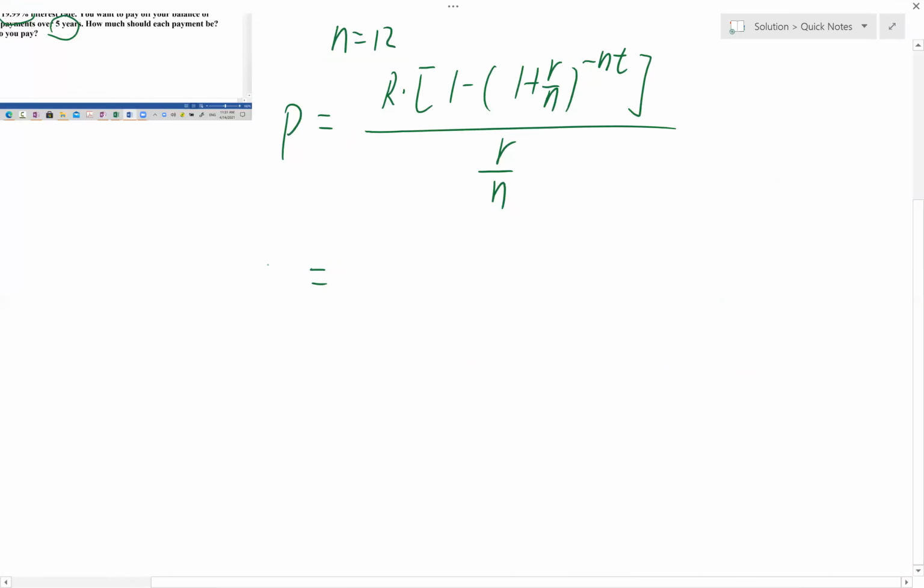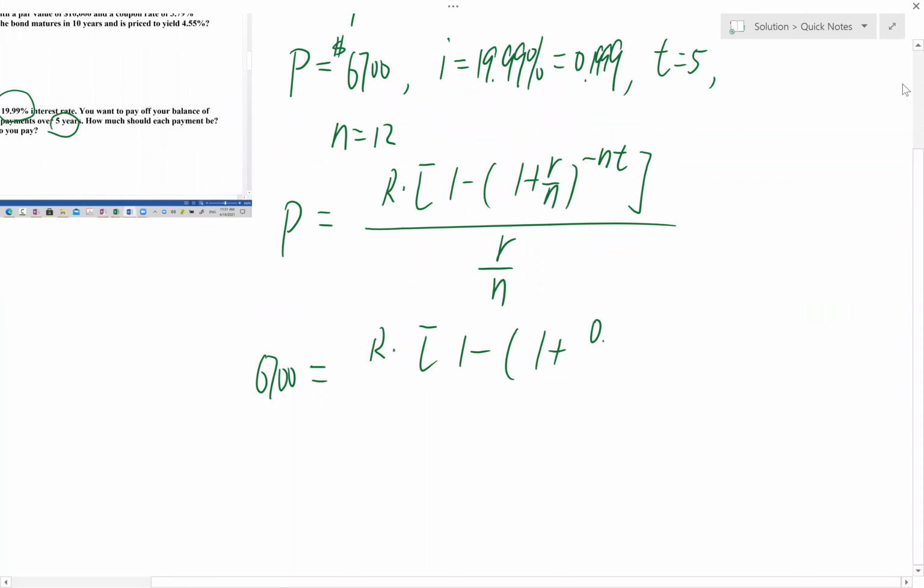So present value is 6,700. Regular payment, that's what we're looking for. So this is 1 minus 1 plus the rate, 0.01999. To be honest with you, this rate is super high. You wouldn't want to borrow from this type of lender, right? They charge you super high interest.